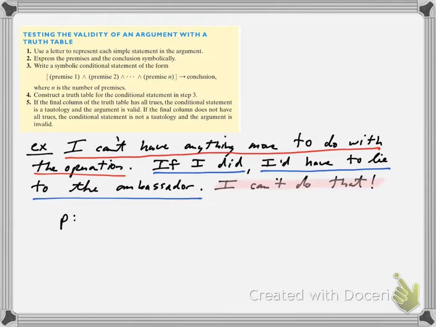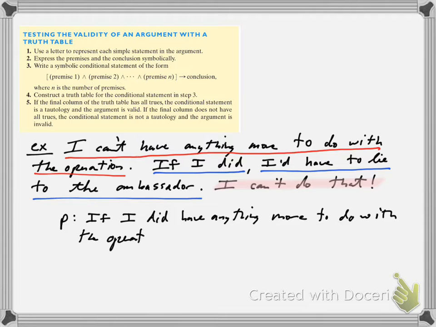P is if I did have anything more to do with the operation, then I'd have to lie to the ambassador.